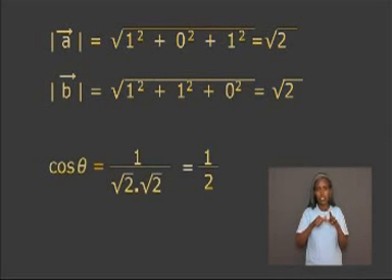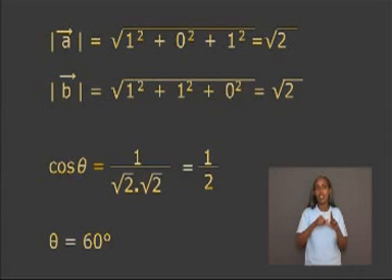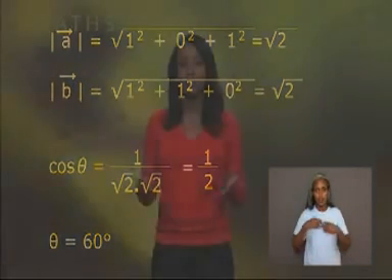The cosine of the angle is 1 over the root of 2 multiplied by the root of 2, or 1 over 2. A quick check of our tables tells us that a cosine of 1 over 2 means an angle of 60 degrees. We have calculated the angle between the vectors.